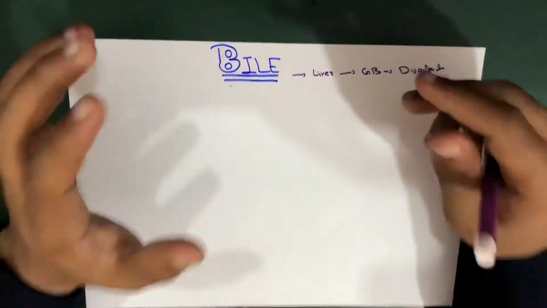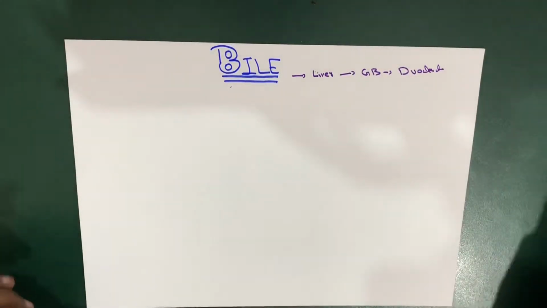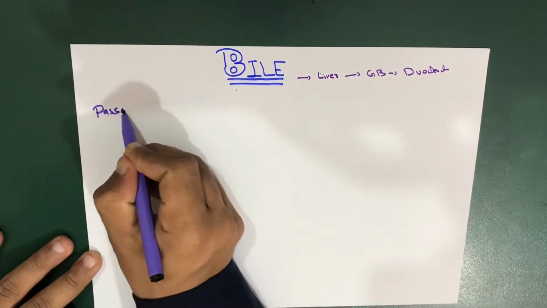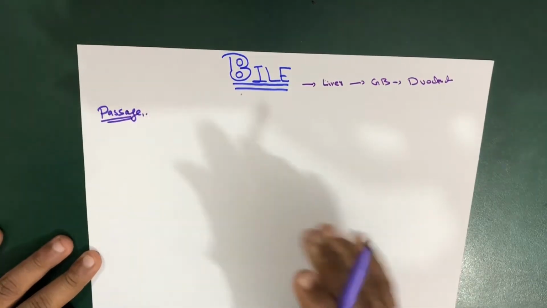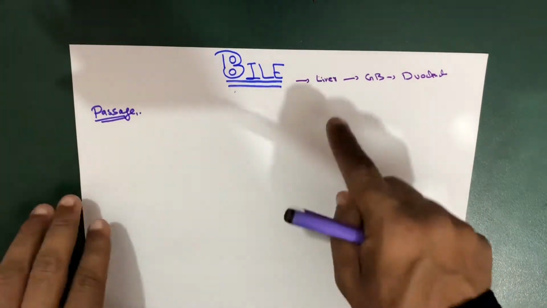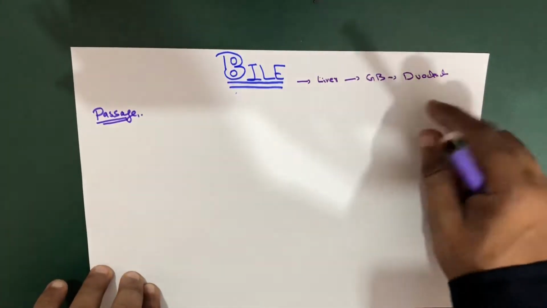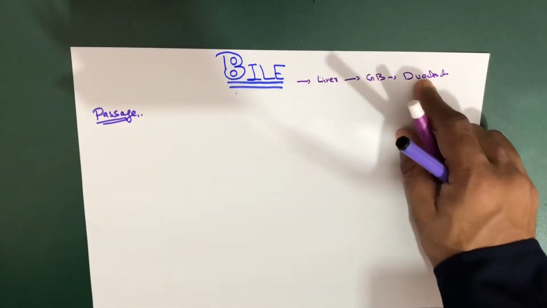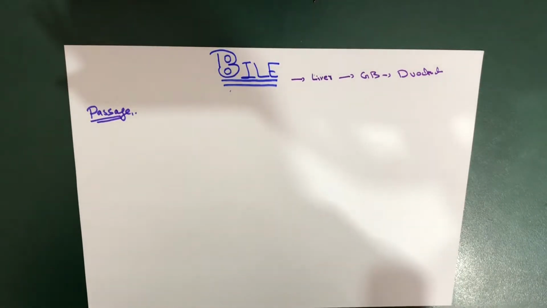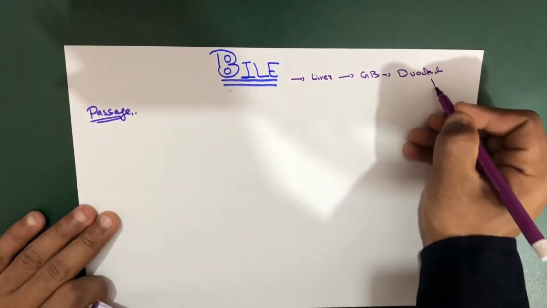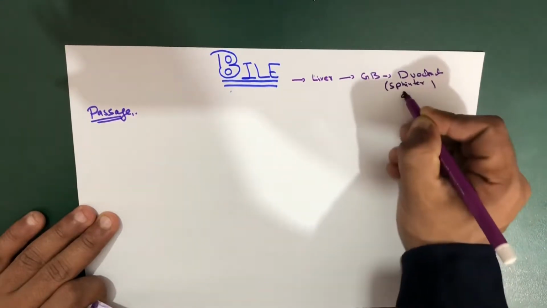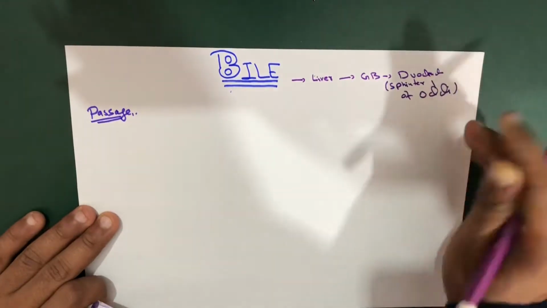So let's get started. First we'll talk about the passage of your bile. The opening of your bile duct into the duodenum is where the bile from the gallbladder enters the duct and drains into the duodenum, and at that point it is guarded by a sphincter which we call the sphincter of Oddi, O-D-D-I.